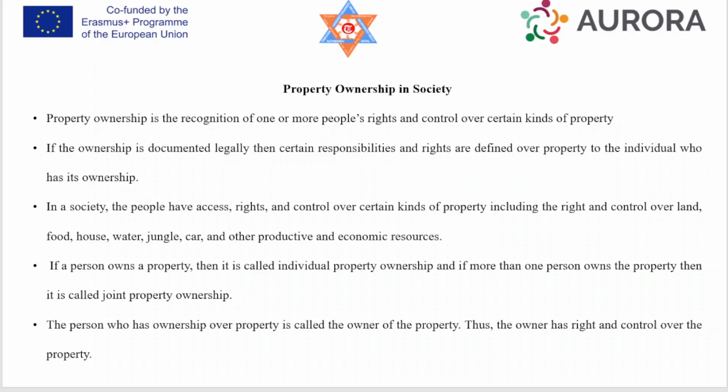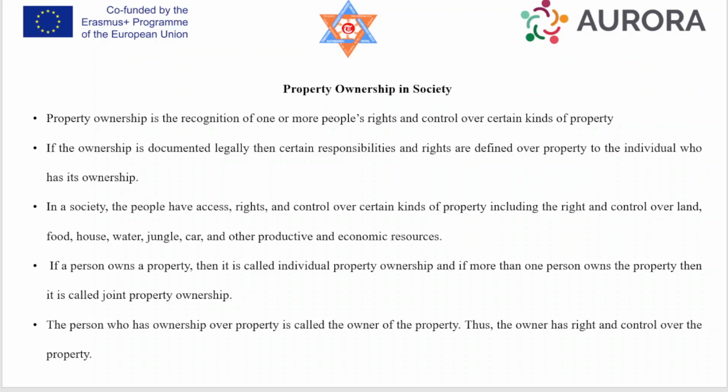The next one is joint property ownership. In case where more than one person shares ownership of a property, it is referred to as joint property ownership. This arrangement acknowledges the collective rights and control held by the multiple owners.